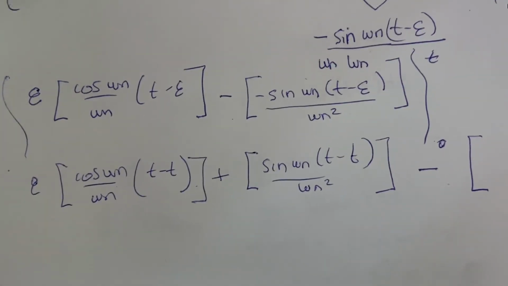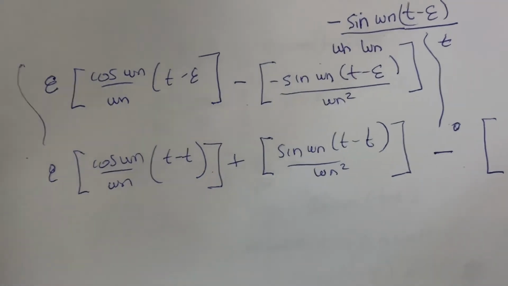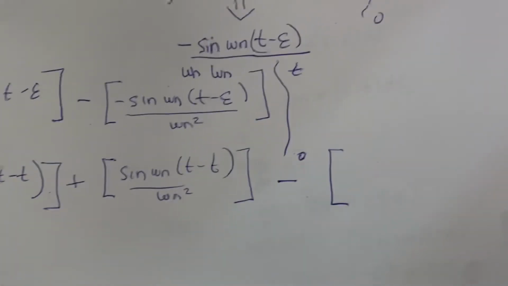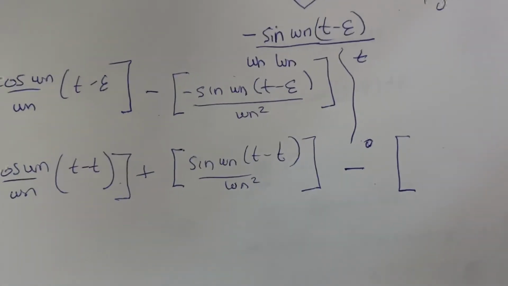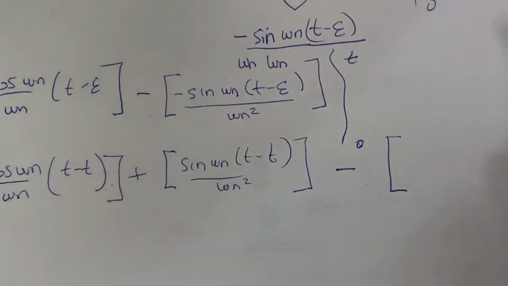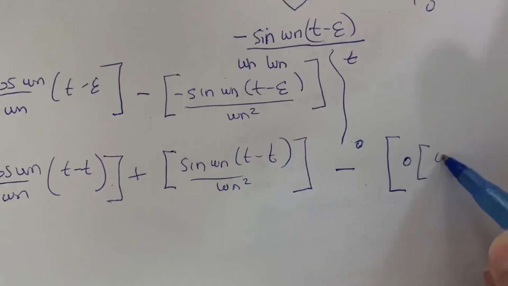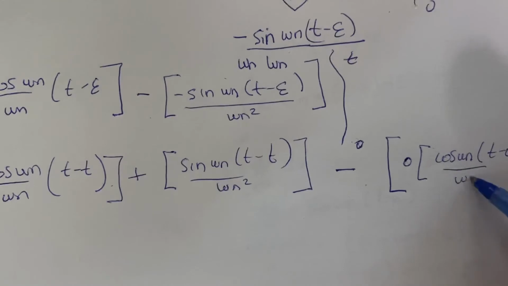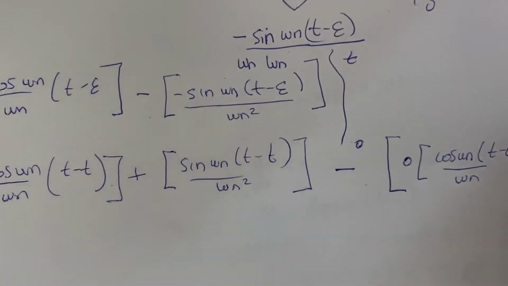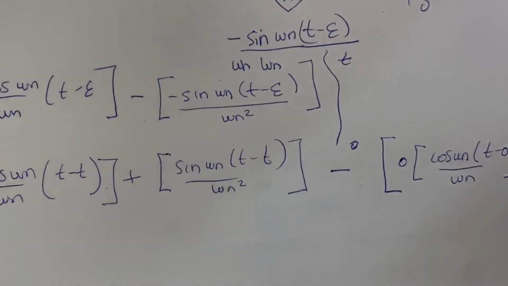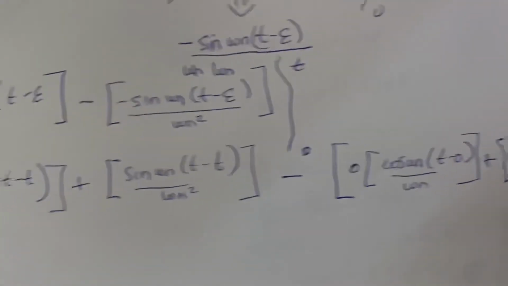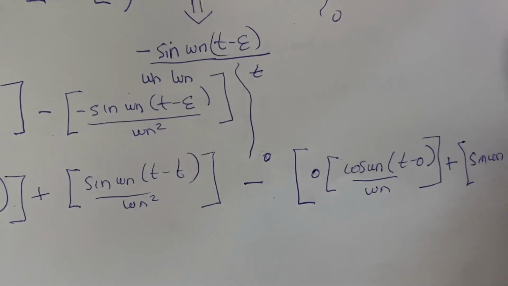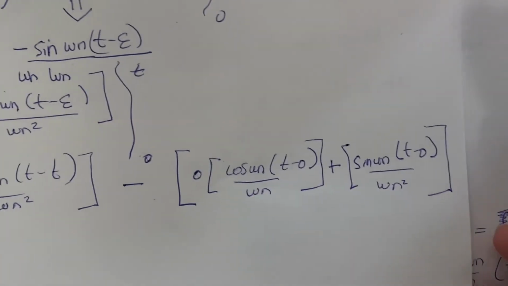Let's evaluate now the integral in terms of 0, and we're going to get the form something like this. So when we evaluate the integral above, we get 0 multiplied by cosine wn t minus 0 over wn. And now we get plus the sine wn t minus 0 over wn squared. So this is going to be the other part.